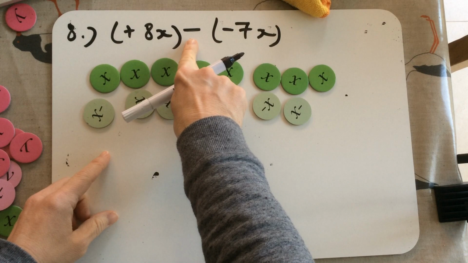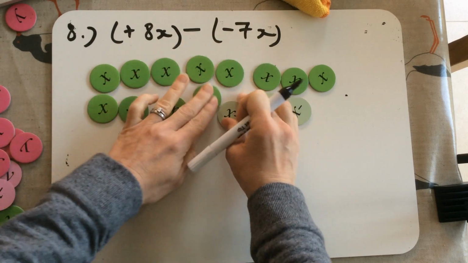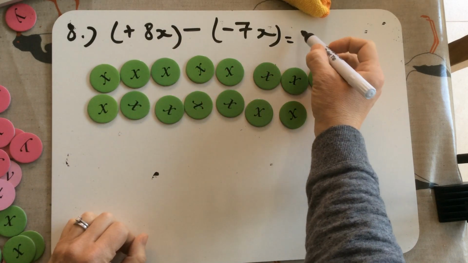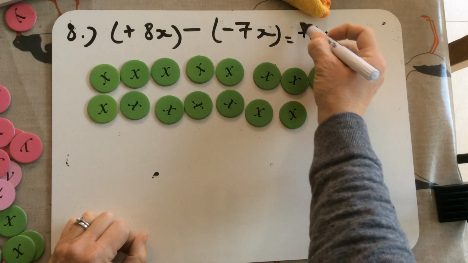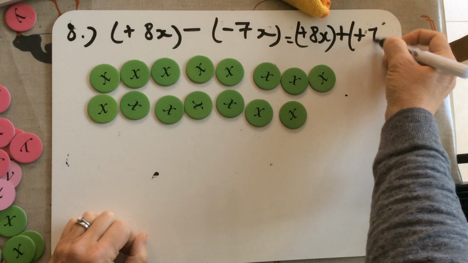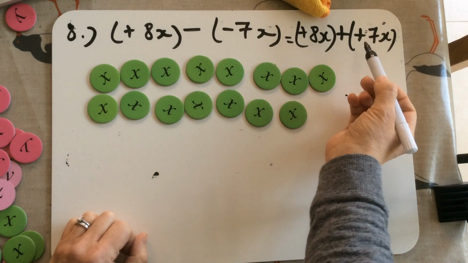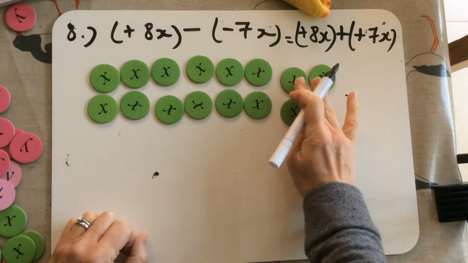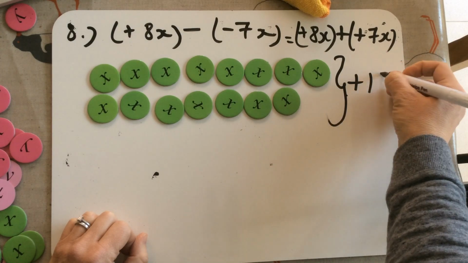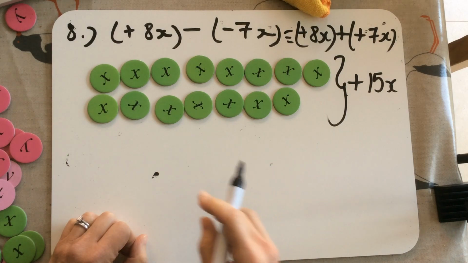But I know that a subtract changes the sign. So that means I'm going to flip my counters, and this new alternative calculation is positive 8x add positive 7x. So subtracting a negative is the same as adding a positive. Now I can look for any 0 pairs, and there aren't any, and then sum to get a total of 15x. That should be an identity sign.